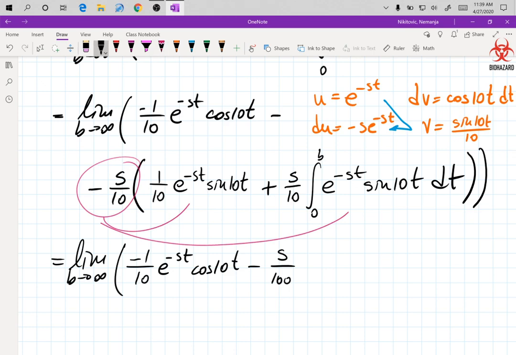So you are getting negative s over 100 e to the negative st sine 10t. And you are getting minus s squared over 100 integral 0 to b e to the negative st sine 10t dt. Got it.